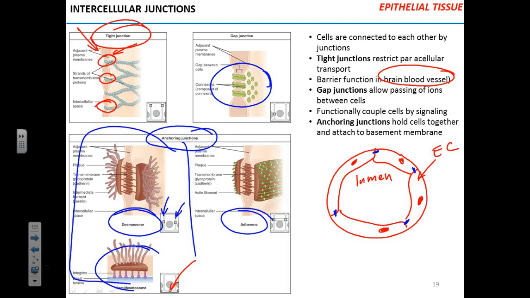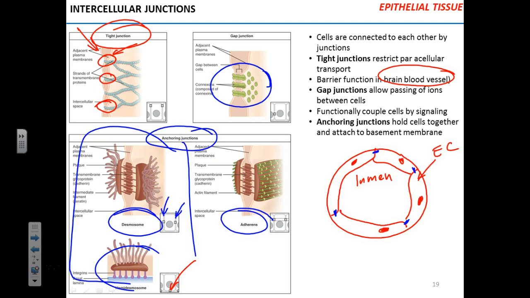Okay? So desmosomes and hemidesmosomes are part of every junction? No, they are anchoring junctions. Okay, let me explain. Say people want to make a wall nobody can penetrate.